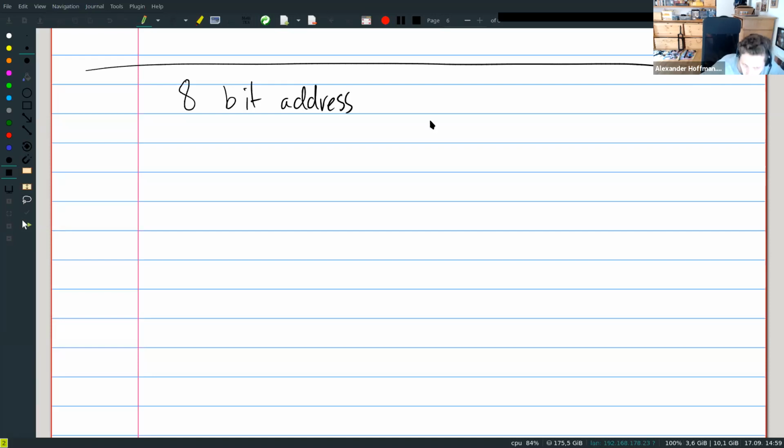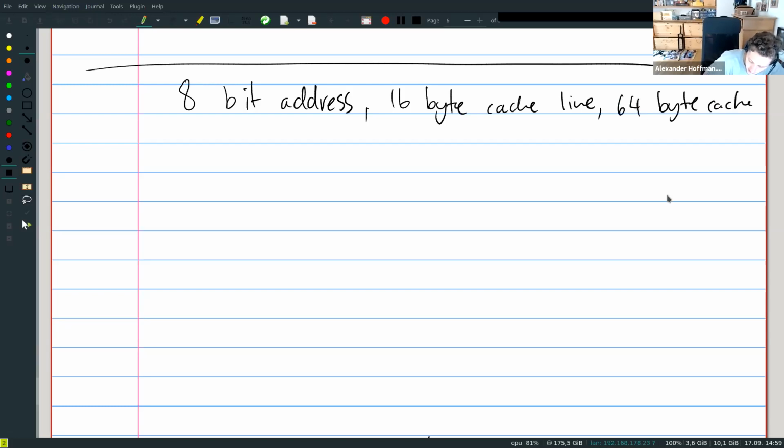What else do we have? A 16-byte cache line, a 64-byte cache, i.e. 4 cache lines.